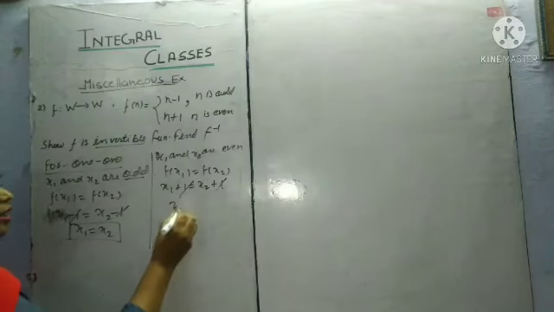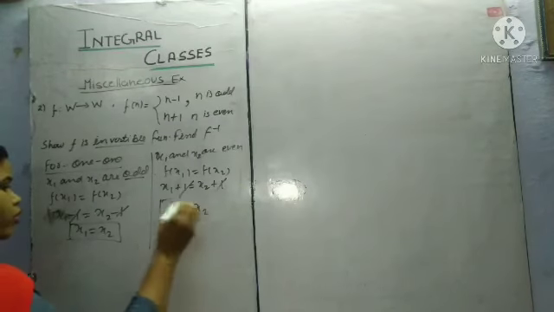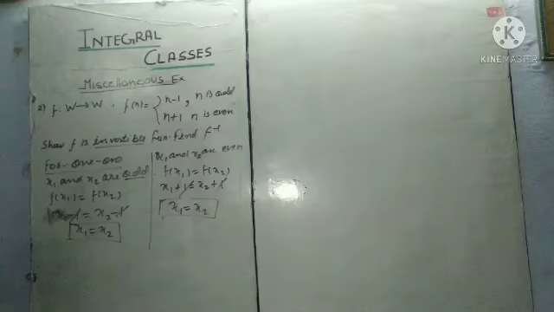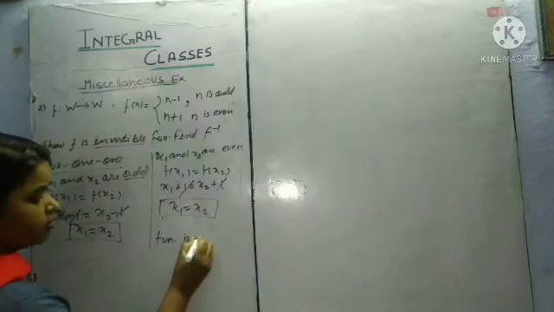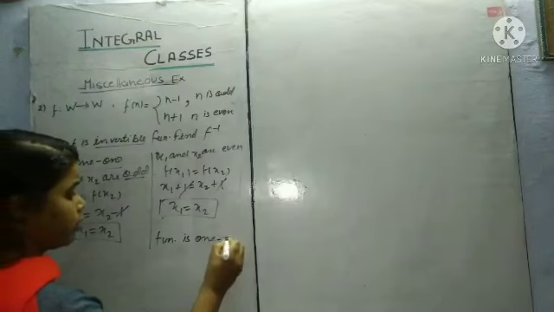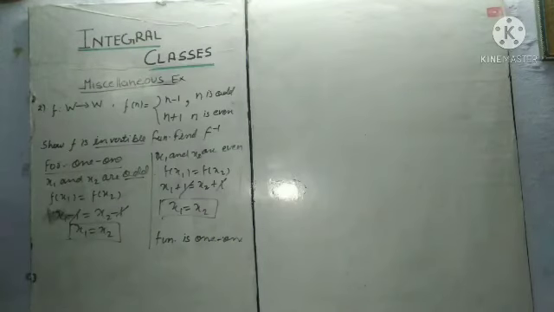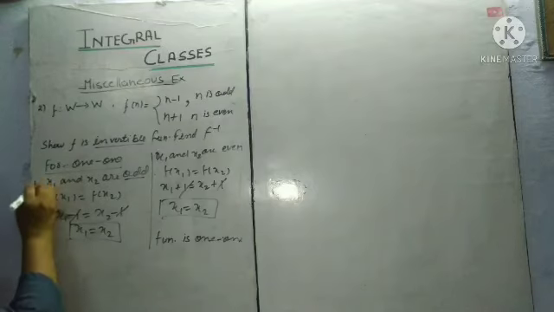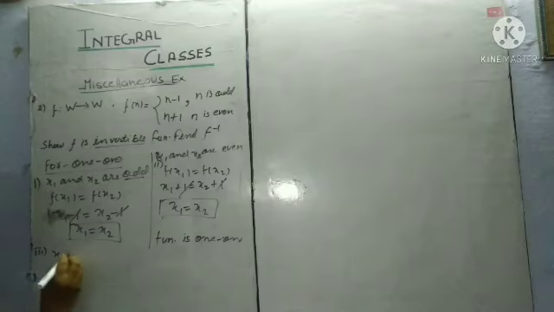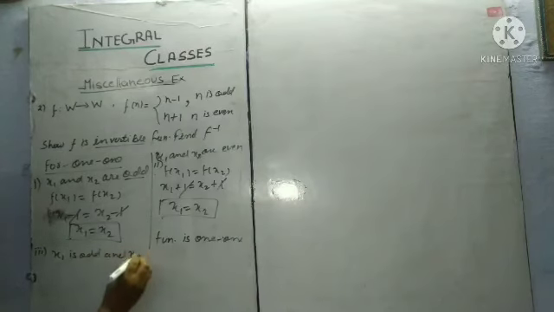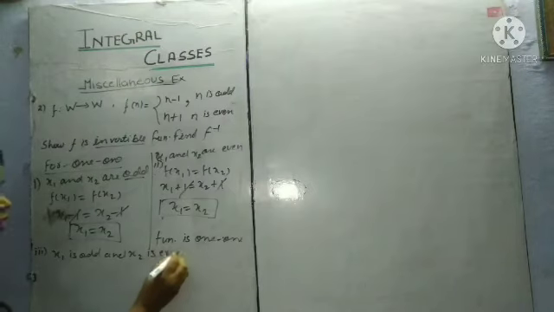x1 is cancelled, x1 equal to x2. So student, in these two conditions, function is 1-1. But if we consider one is odd and one is even, suppose it is case 3, we will consider here x1 is odd and x2 is even.